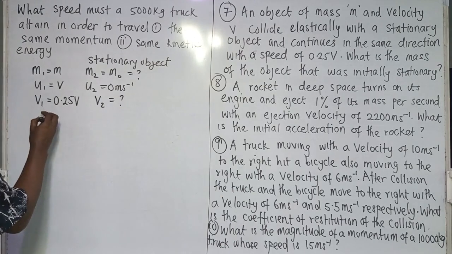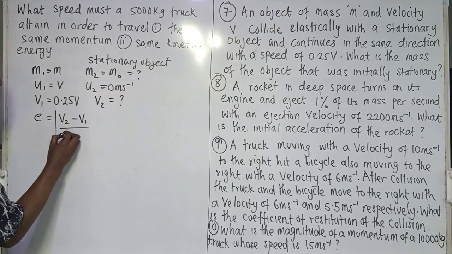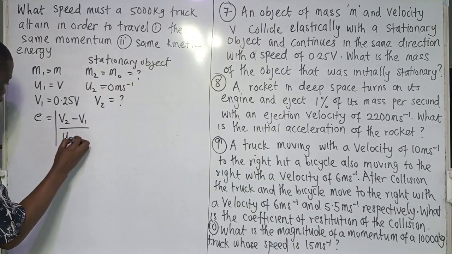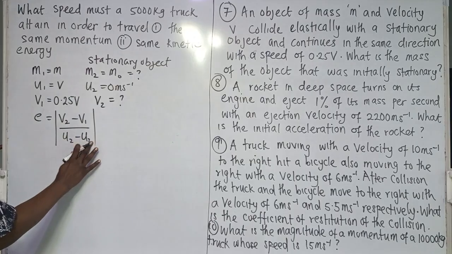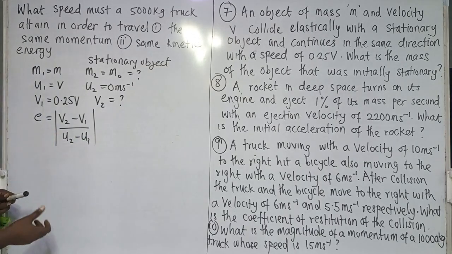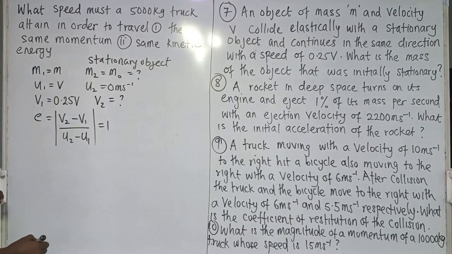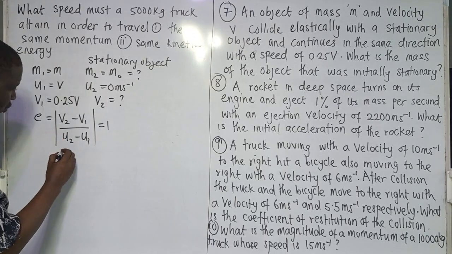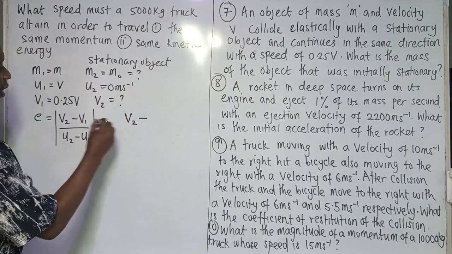But to look for V2, we can use e equal to the absolute value of V2 minus V1 over U2 minus U1. When you use this formula, you can get our V2. Let's equate everything to 1, since we are not given an elastic coefficient. V2 is unknown, which we are looking for.